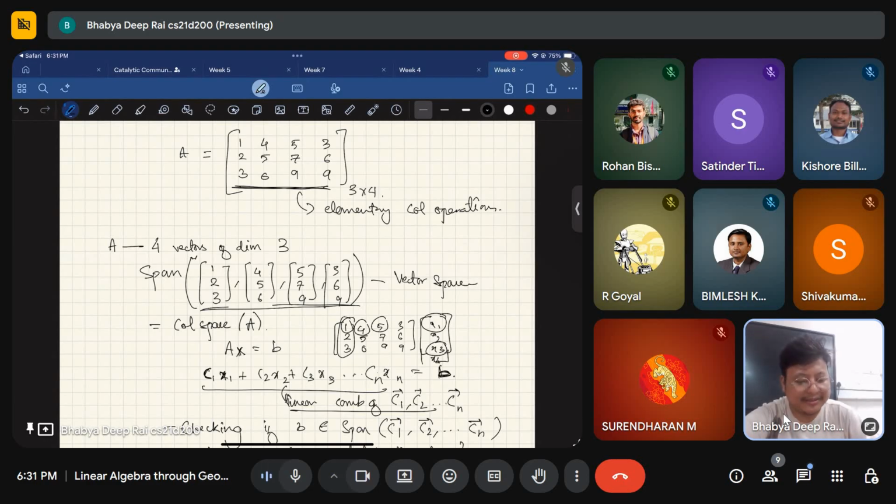So if I try to eliminate some of the columns which are linearly dependent, for example 3, 6, 9 is linearly dependent, and if I add the first 2 columns, then I get the third column. So I can eliminate it and form zeros. So only these 2 columns are actually generating, which means that these 2 columns form a basis of the column space. These things will come soon.